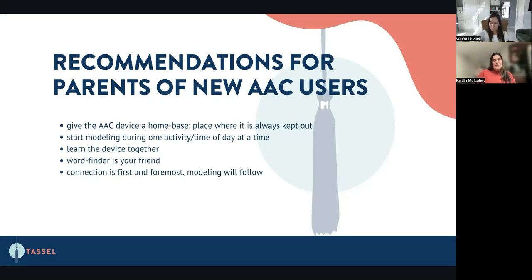Your child isn't going to just get an AAC device and suddenly be able to communicate all their wants, needs, thoughts, and ideas miraculously. And neither are you. And that's okay, so just learn the device together. Even during modeling, I still make a mistake and I just laugh and say to the kid, oh, I pressed the wrong word.